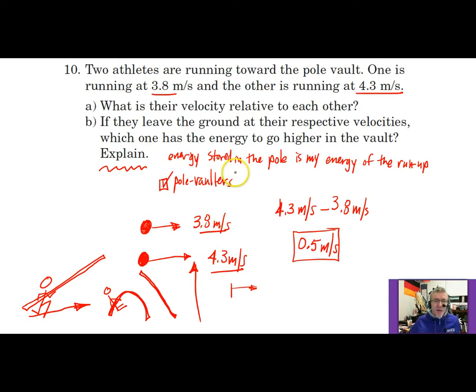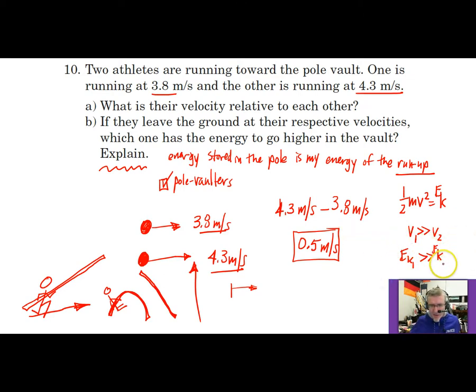Anyway, the energy of the run up is 1/2 mv squared, 1/2 times the mass times the velocity squared. We call that kinetic energy, EK. If the velocity is bigger than another person's velocity, then the kinetic energy of that athlete is going to be bigger than the other athlete's.